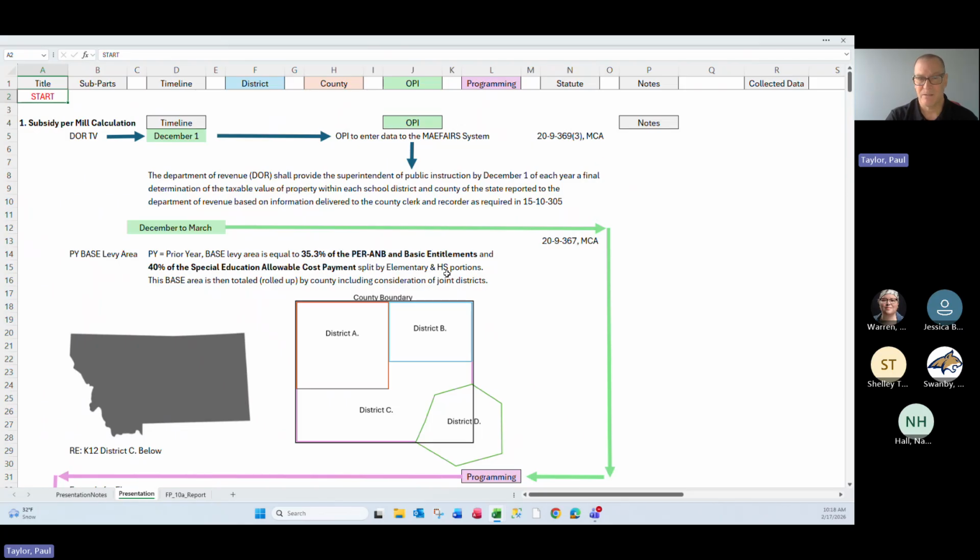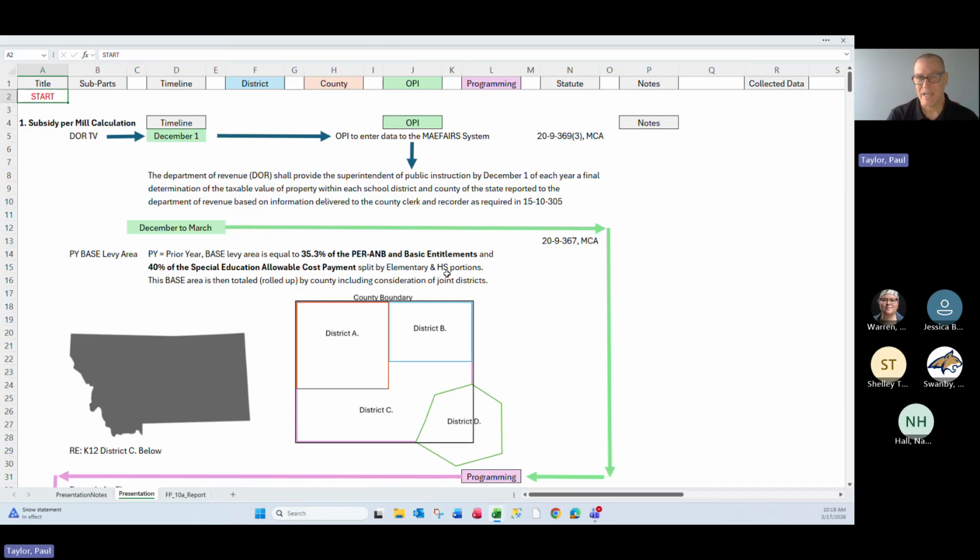If you think about it, not necessarily for a K-12 district, but when you think about the taxable value for, say, an elementary school district, traditionally in elementary school districts, land area is not equal to that of the high school area. And because the land area is differing in size, they have differing taxable values. Therefore, each mill, which is 1/1000th of that taxable value, is not equal either.